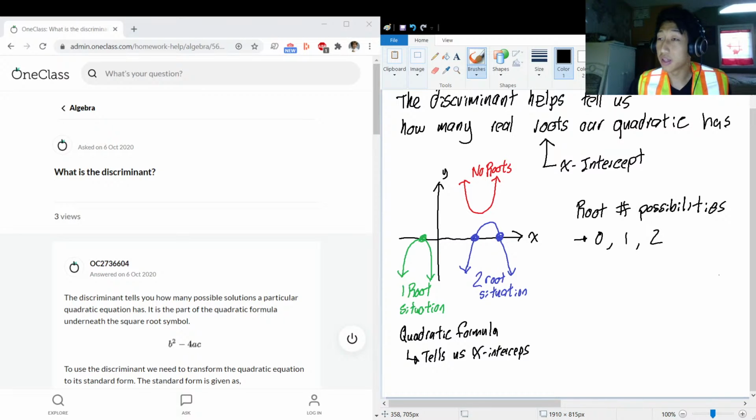And the quadratic formula looks a little something like this. X equals. I'm just going to verify this. Make sure I don't get anything wrong.